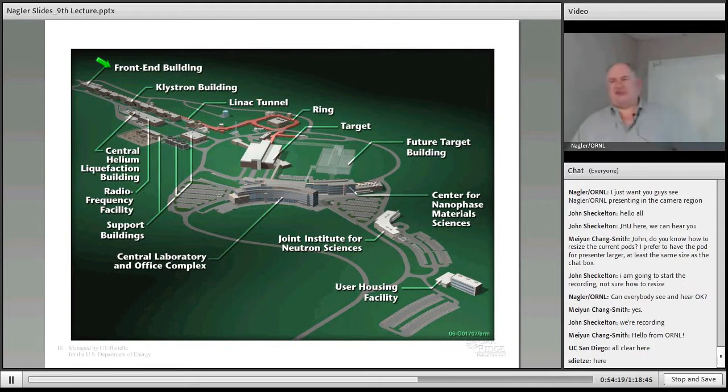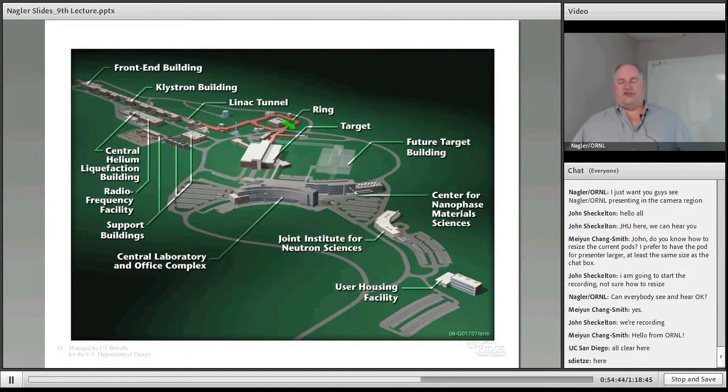So these are hydrogen atoms with an extra electron. And these are then accelerated by a superconducting linear accelerator, a charged particle accelerator, that's about half a kilometer long. They're accelerated up to pretty high energies, and they go through a process of stripping where 2 electrons are removed, and you end up with protons.